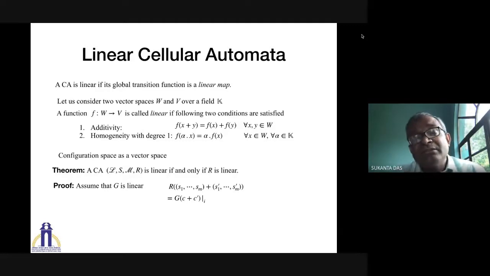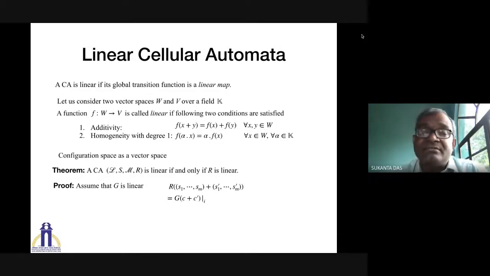It is actually nothing but the global function G of C plus C dash, where C is a configuration for which I get the state sequence S1, S2, up to Sm for the cell I, and C dash is another configuration for which I get the state sequence S1 dash, S2 dash, up to Sm dash for the same cell I. So from that I can write G of C plus C dash.